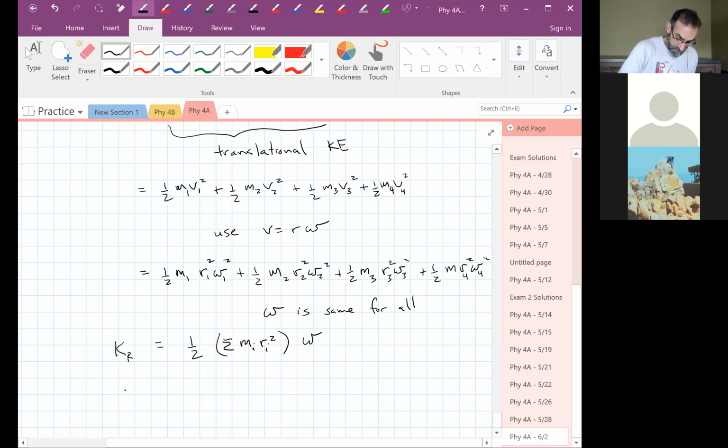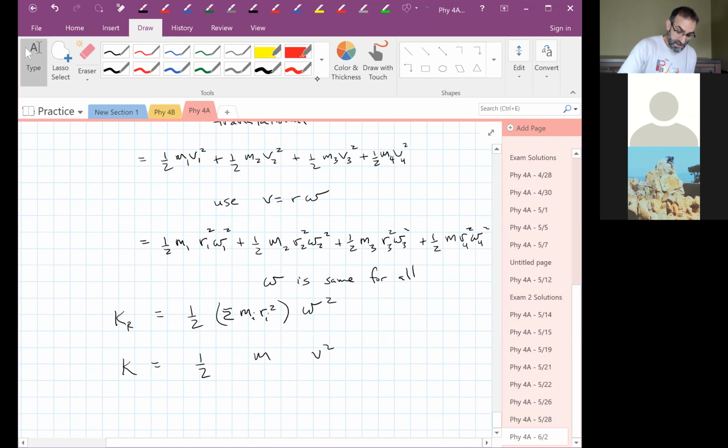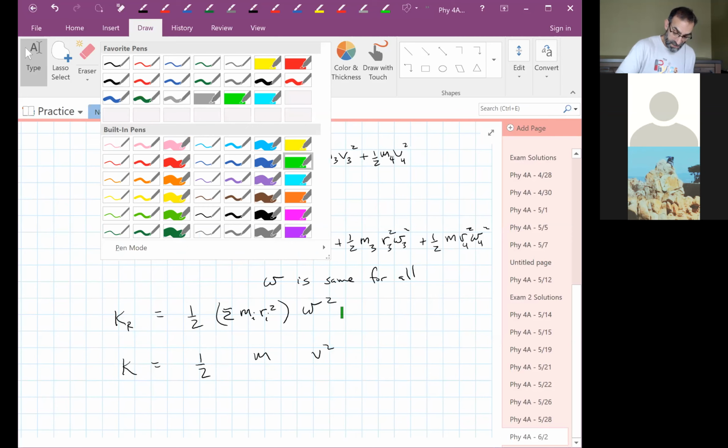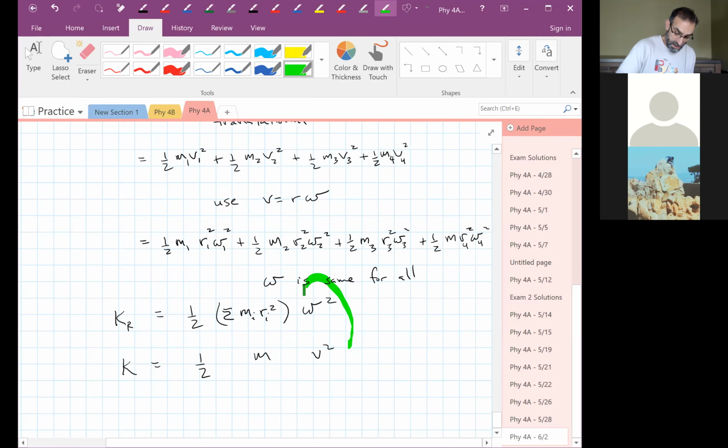Now, what have we always used for kinetic energy? We've used 1/2 m v squared. So instead of v, we have our rotational counterpart, omega.